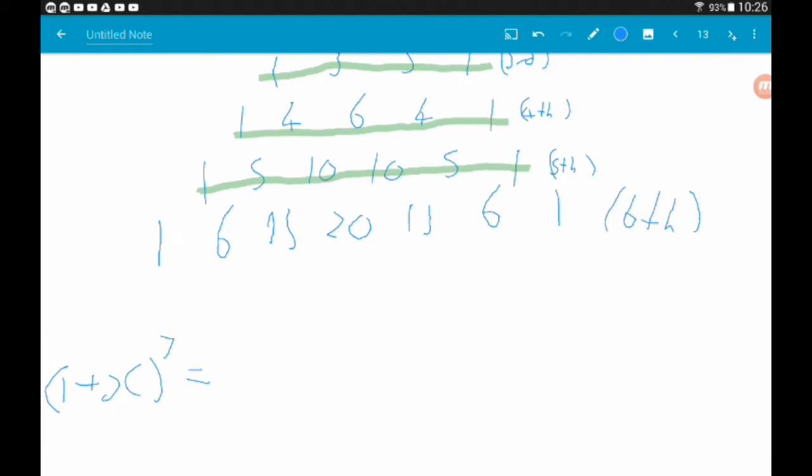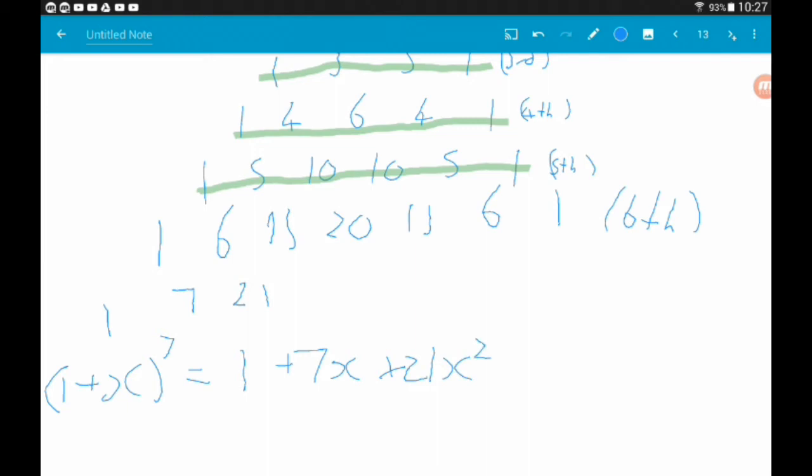So that's our 6th row of coefficients. So we can now get our 7th. So we're going to have 1. Let's fill this in as we go. So our expansion is going to have 1. Then we got 1 plus 6, 7, so we're going to have 7x. And then 6 add 15 is 21, so we're going to have plus 21x squared.